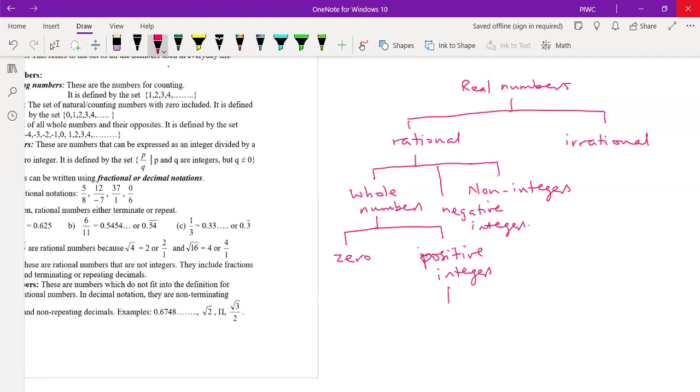Then the positive integers we can call the counting numbers or the natural numbers. So this is a summary of the different numbers that you have.